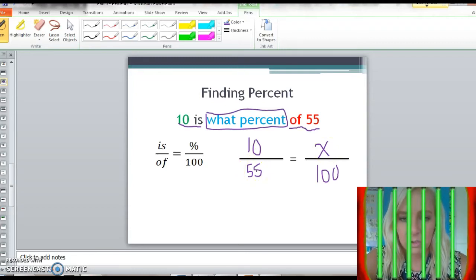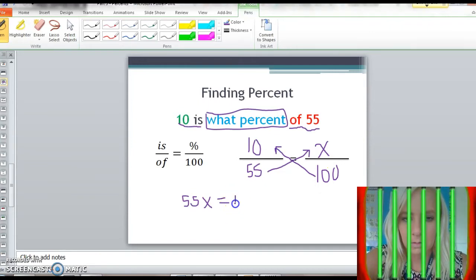So you boys and girls are doing an awesome job at applying the cross multiplication or the palm tree method. So here, I'm going to do 55 times x, which is 55x, which is equal to 100 times 10.